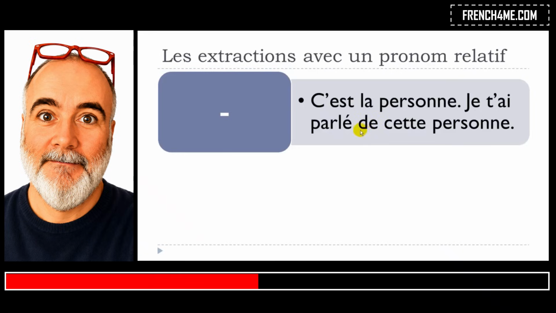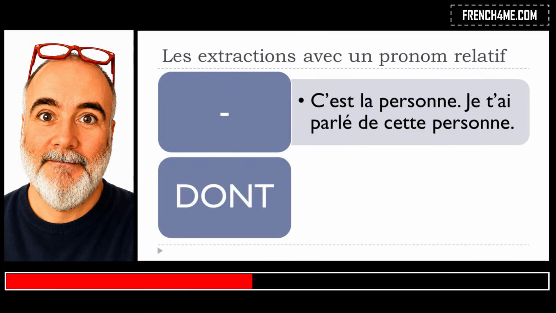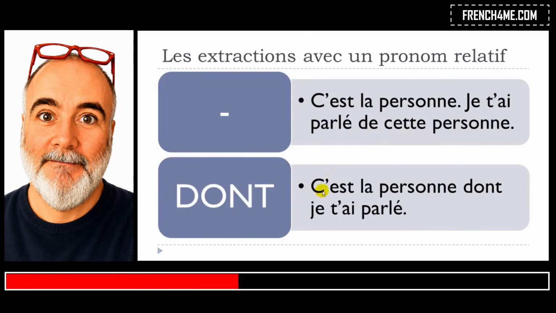And it does mean also that you will have to use another pronoun. So let's see what pronoun we will use, and the pronoun is dont, just because we introduce this complément with the preposition de. So you get c'est la personne dont je t'ai parlé.